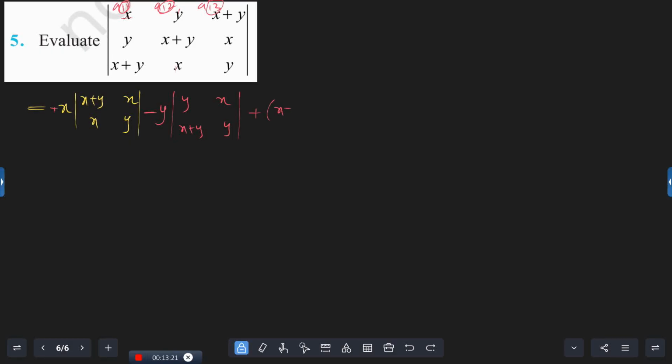And the element is x plus y. If you cancel that row and column, what am I getting? y, x plus y, x plus y again, and x.